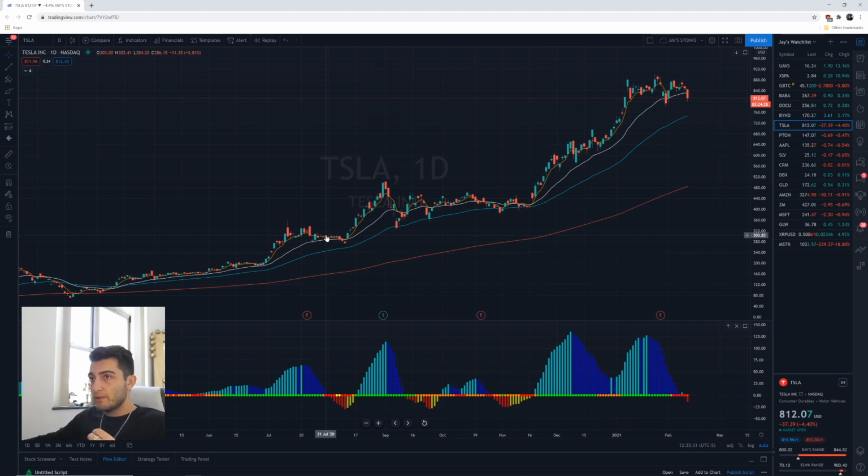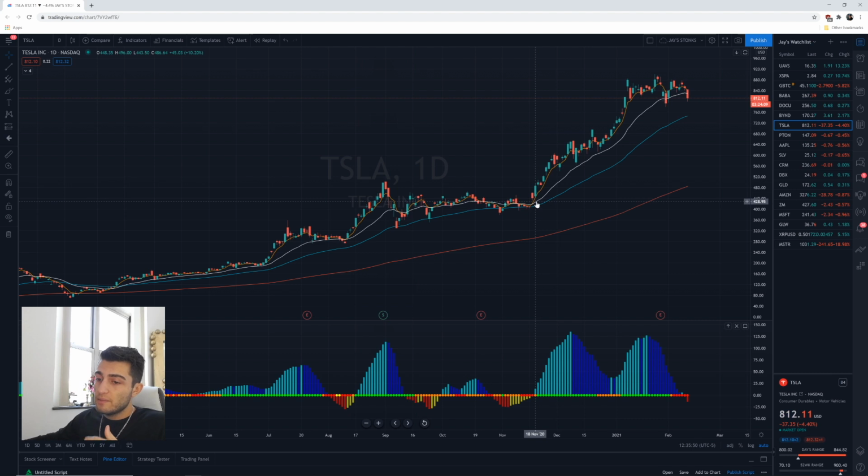Now the 5-period moving average, which is what I use. Here's all the moving averages I use: 5, 20, 50, 200. You want the 5-period EMA to be above the 20. Okay, so the 5-period is the orange, and the 20 is the white. Got it?